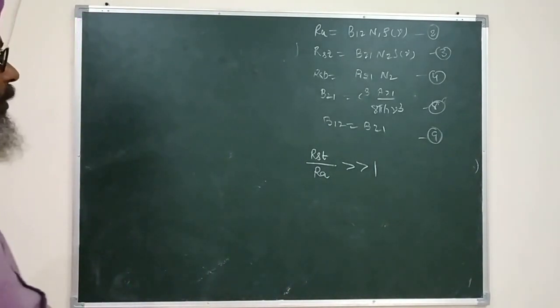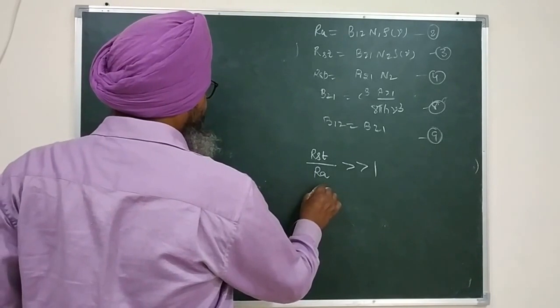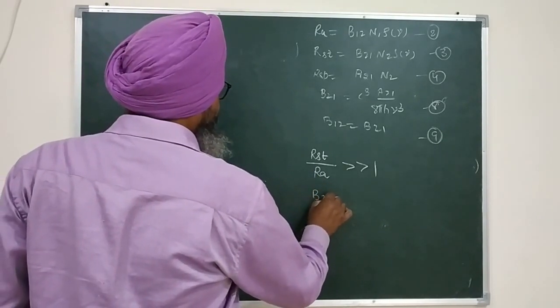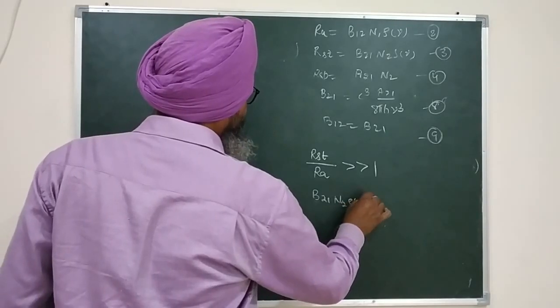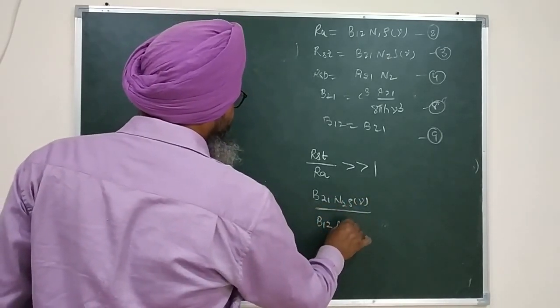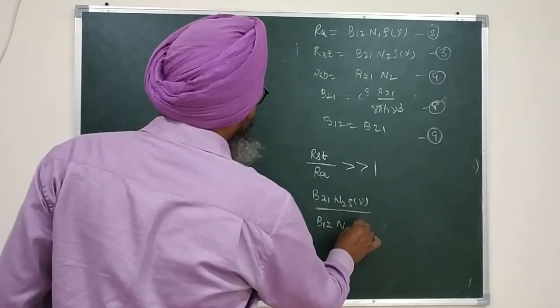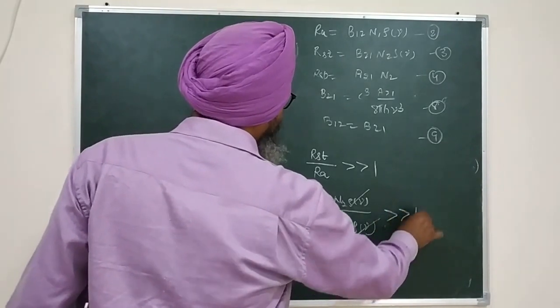If I put the value of RST and RA from 3 and 2, the left hand side will become B21 N2 rho nu, and this will become B12 N1 rho nu. This rho nu will get cancelled, much greater than 1.